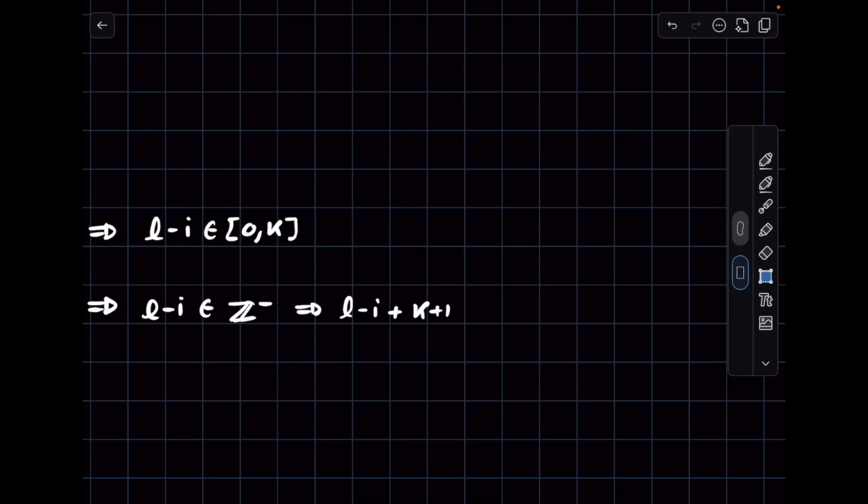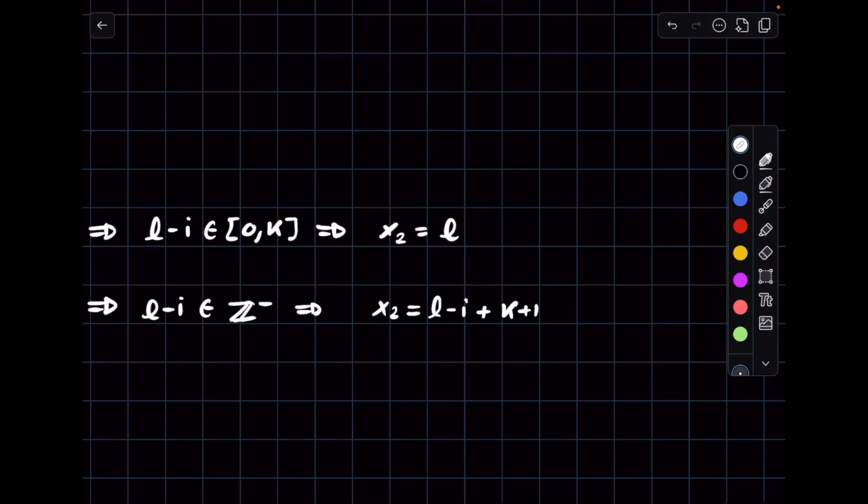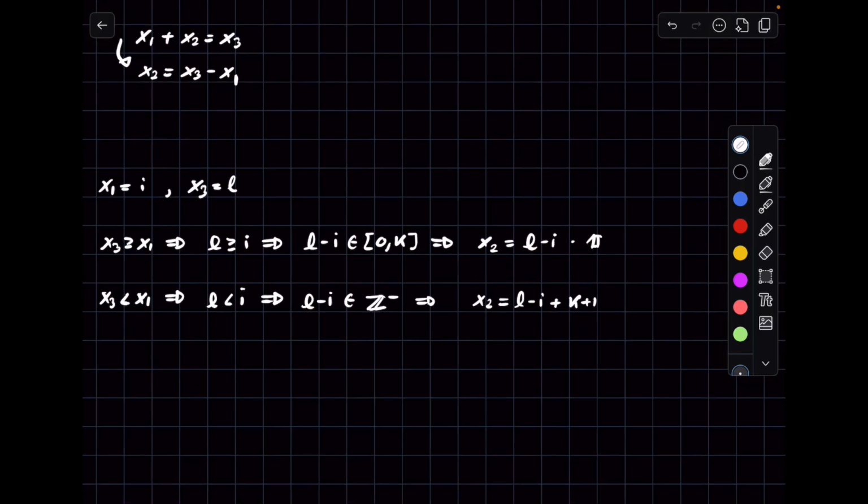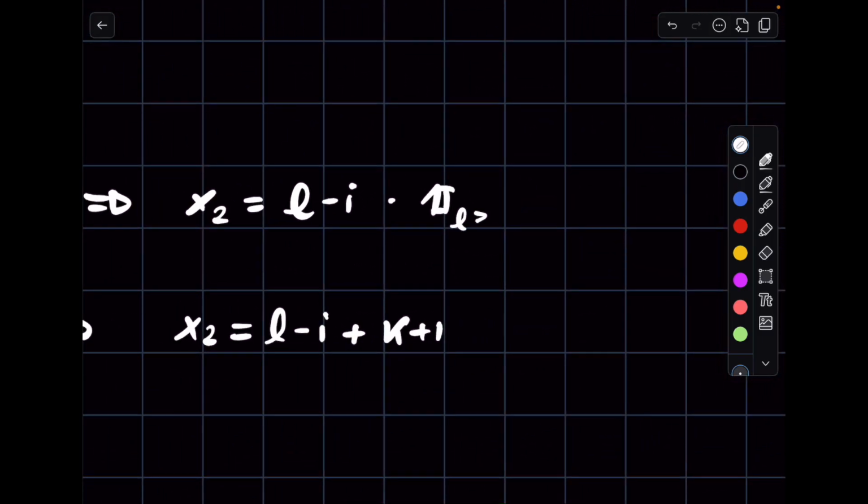So we can actually say that this is equal to x2, right? And x2 is equal to L minus I. And we can do actually a little indicator function saying that L is greater than I. In this case, L is lower than I.